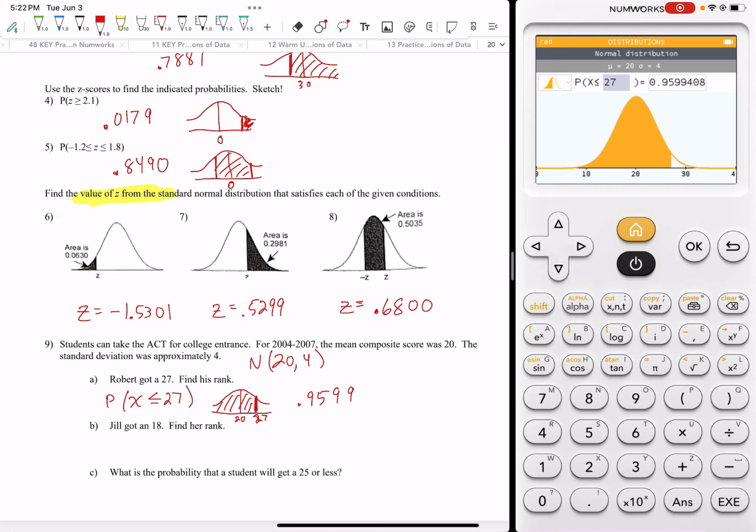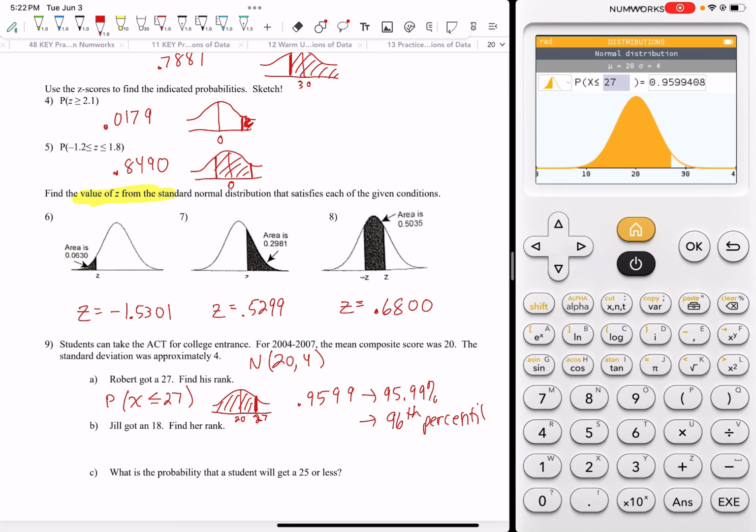Because we're looking for what his rank is, we're going to turn this into a percent, 95.99%. And then a rank is like, think about this, when you have standardized tests, they'll say things like, you're in the 95th percentile. They don't usually do the decimals, so we are going to round this to the whole percentile. This is going to go to the 96th percentile.